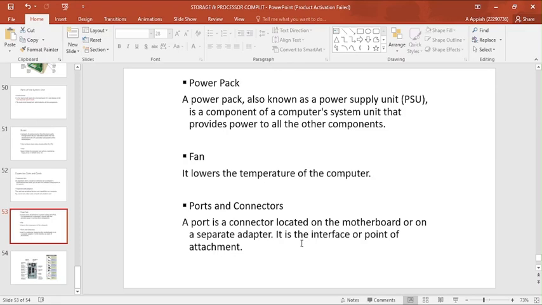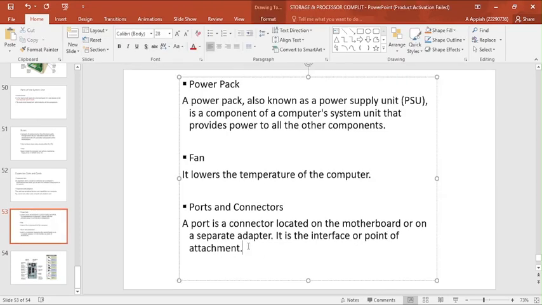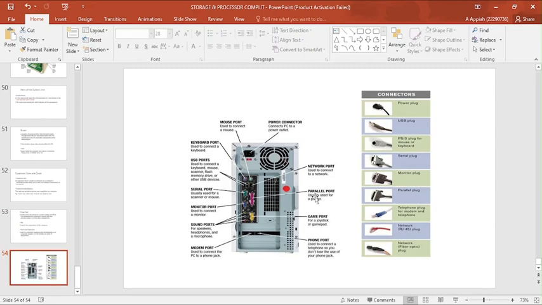These are also attached to the motherboard and allow us to connect some peripherals to our system unit. So we have a picture of the back of a system unit and some of the things that can be done there.